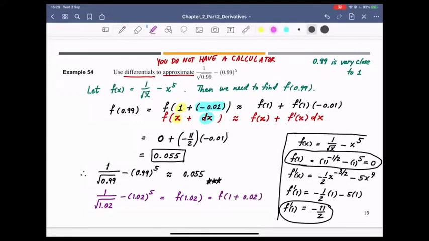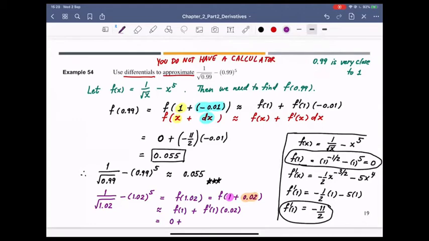For this question, my x is going to be 1 and my dx is going to be 0.02. By using the approximation, I can approximate this by f(1) plus f prime(1) times 0.02. Make sense? And then f(1) is equal to 0.